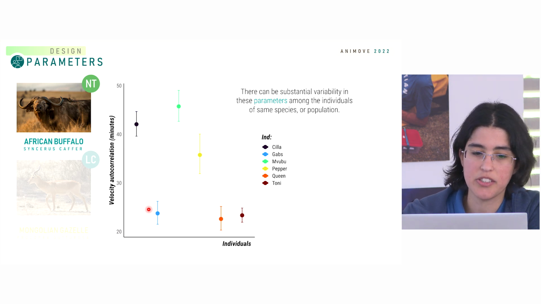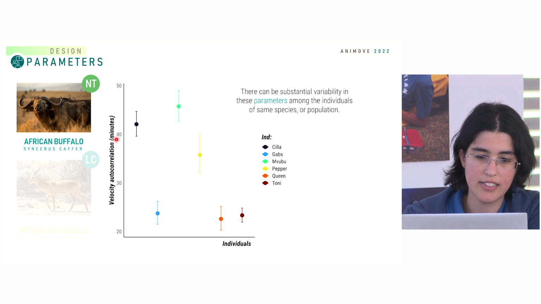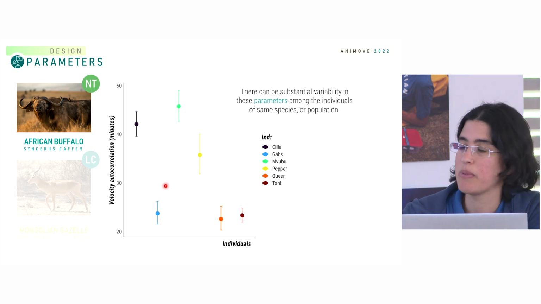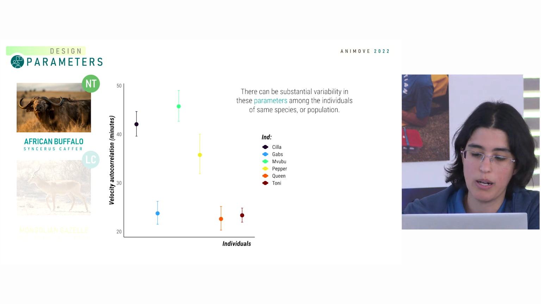And the velocity autocorrelation is on a different scale. Before it was days, and now it's minutes. There's some more variation, but you have to remember that this was mainly data with a 1 hour sampling interval, so the ability to estimate velocity autocorrelation can become more complicated. So more variation there, but we also have some idea of where those parameters land.